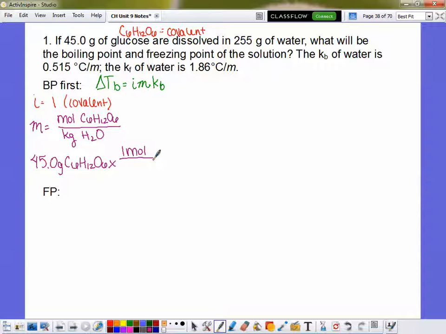Molar mass of glucose. 180.18. So we're going to take 45 grams divided by 180.18 to tell us the moles of glucose that we're dissolving in this water. This is not the only calculation we're doing today, so if you haven't already grabbed a calculator, I suggest grabbing one. What do you get?